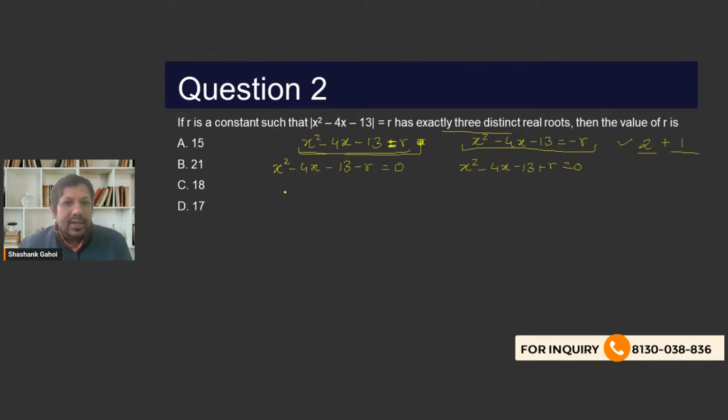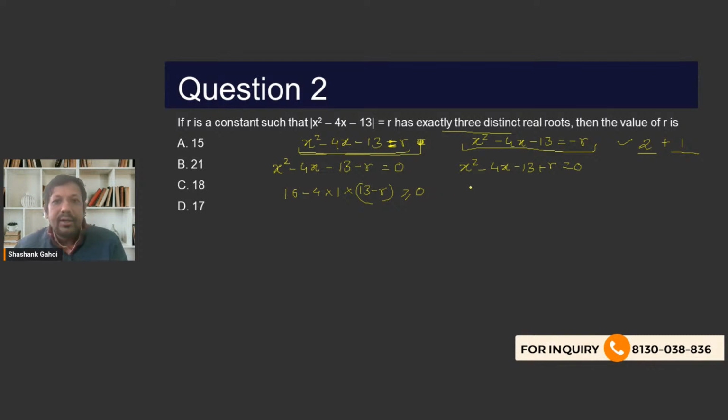So b square, that is 16, minus 4, a is 1, and c is going to be minus 13 minus r, and it should be greater or equal than 0. If it is equal to 0, it gives me one root. If it is greater than 0, it gives me two roots.